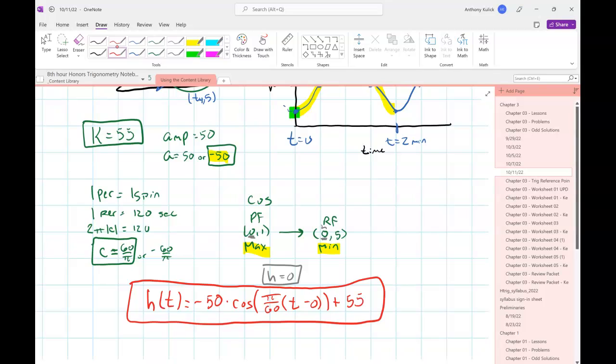So again, the takeaways. Presumably the center of the Ferris wheel is some distance above the ground. That distance is k. The radius of the Ferris wheel is going to be the amplitude. The time it takes to do 1 spin is going to give you the period. And then everything else is just going to come the same way we would.